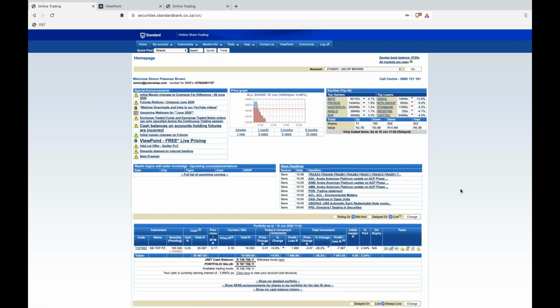Andres, when you log on to OST iPad or iPhone app, it kicks me out of Viewpoint on the computer. Yes, it does. And that is quite simply because Viewpoint is giving you live prices from the JSE, and the JSE doesn't want that in multiple places because you charge per user. And so they are saying, nope, one user, one login. So you always get kicked out on the one.